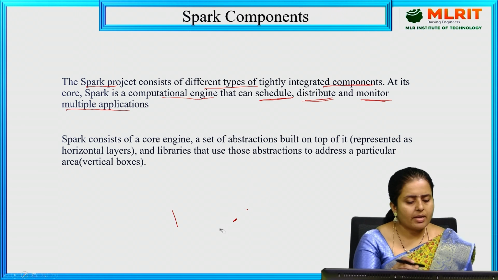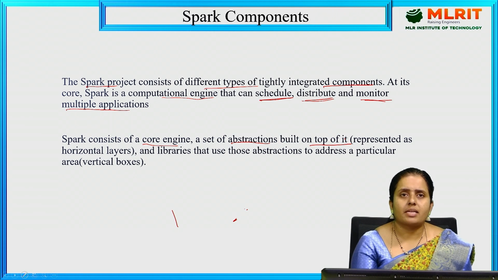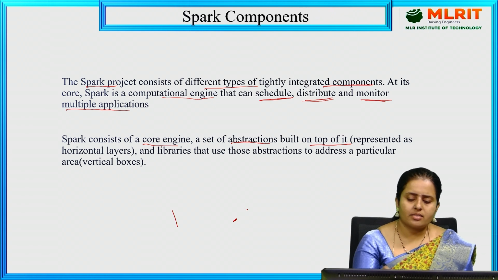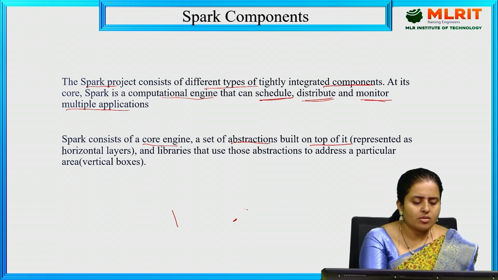Spark consists of a core engine and a set of abstractions built on top of it, which show the necessary data and hide unnecessary data, represented as horizontal layers.